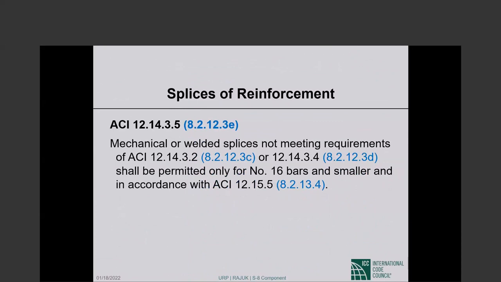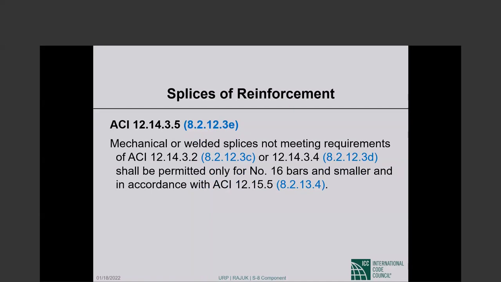Mechanical or welded splices not meeting the requirements of the full 1.25 f sub y shall be permitted. So less than full mechanical or welded splices shall be permitted only for number 16 bars and smaller, and in accordance with a section that gives you a number of other conditions.